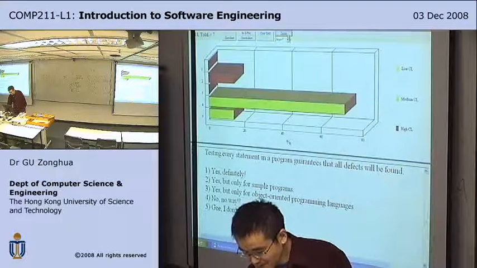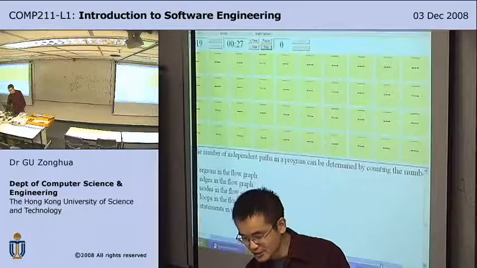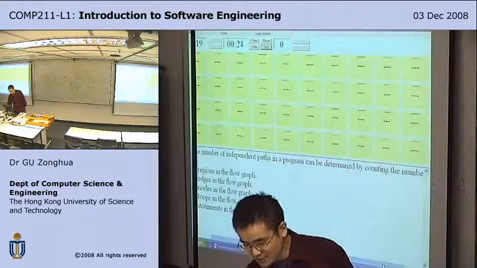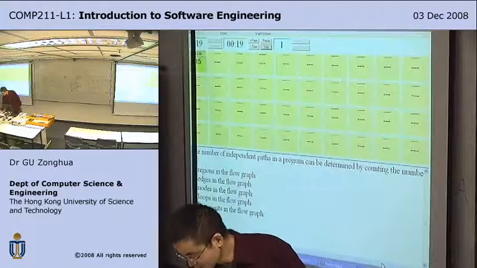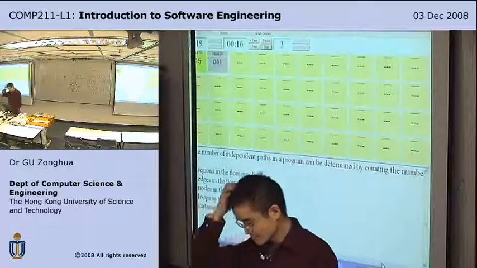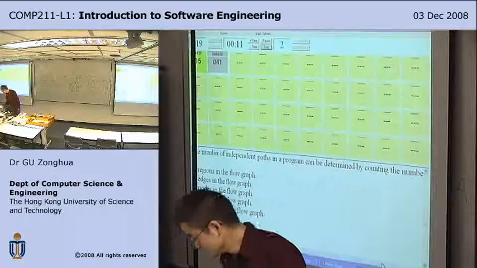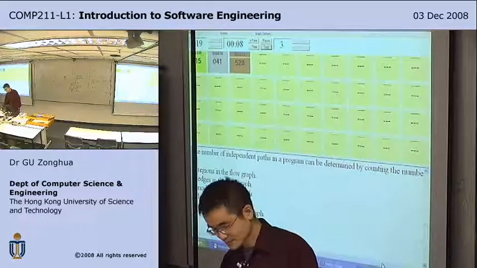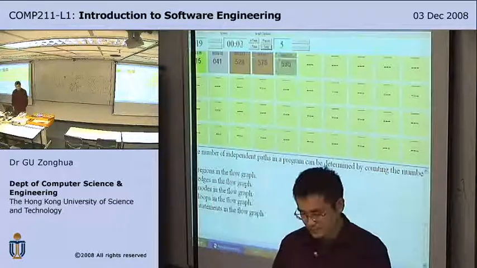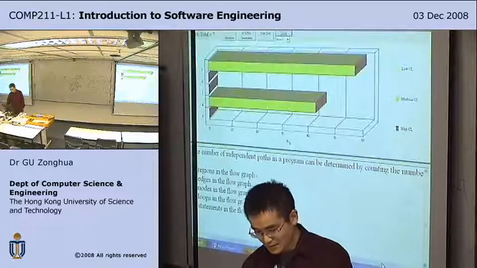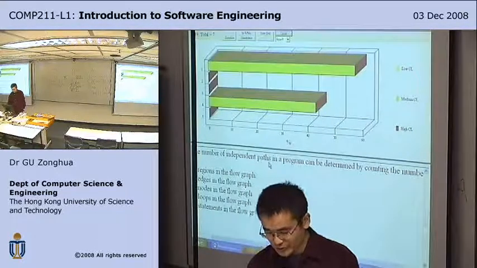The number of independent paths in the program can be determined by counting the number of regions, edges, nodes, loops. Regions, not the loops.